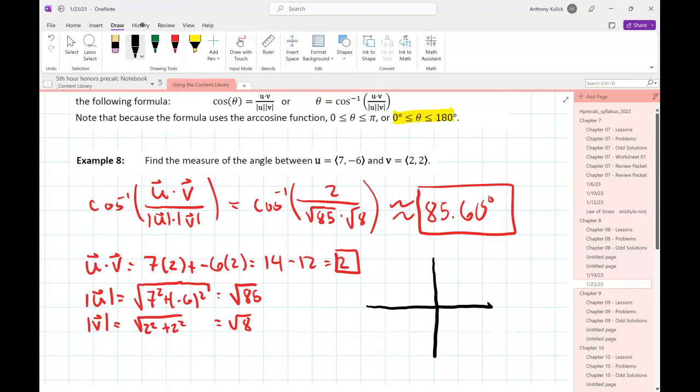I would just sketch a picture and see if the angle looks like it's about 85, right? So I do 7 over and 6 down, let's say 3, so do that.